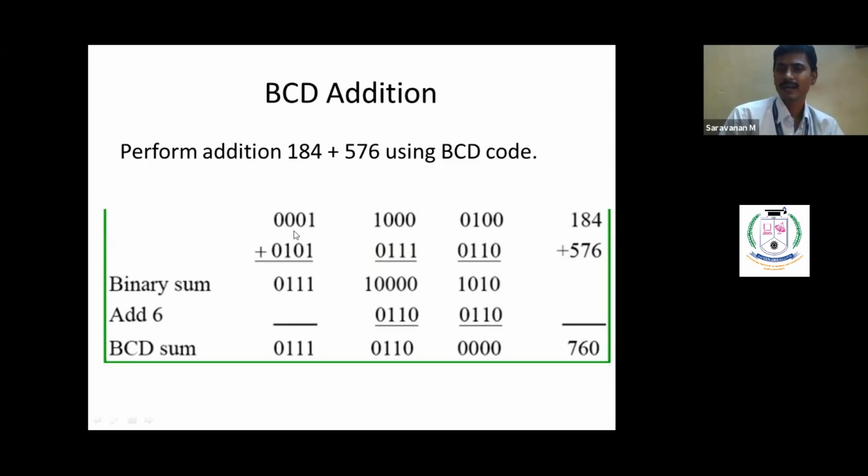Represent this 1 as a binary number, 8 as a binary number, 4 as a binary number like this. Similarly for 576, this is the corresponding binary. For 5 it is 0101, 7 is 0111, 6 is 0110. Now add these two: add this, this, and this, and see the sum. Okay, so while adding this, what I get is 1111.